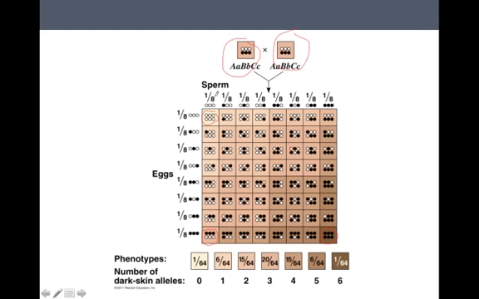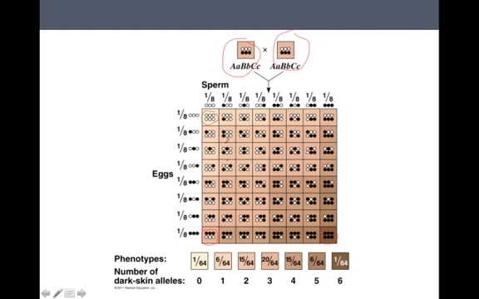If this was the sperm from the male parent here, you could see how they could make little a, little b, little c gamete, and these other combinations: big A, little b, little c; little a, big B, little c; little a, little b, big C, and down the line. This parent here, genotypically they're the same, so they're going to make the exact same gametes. But you can see how they would combine those gametes in all these different ways.